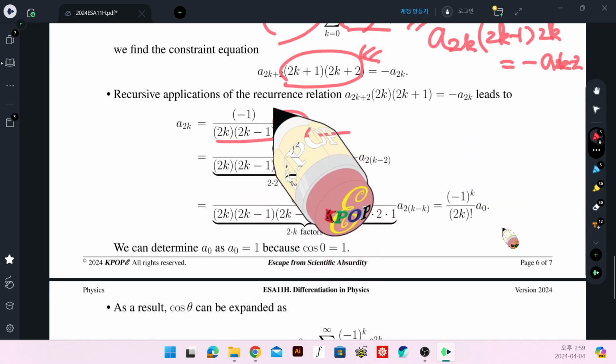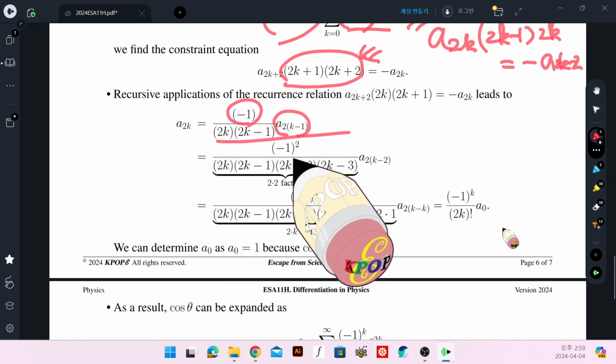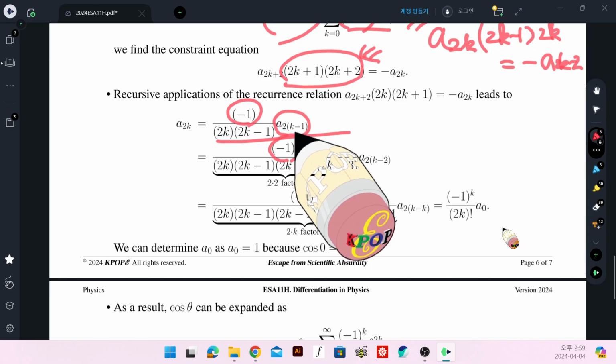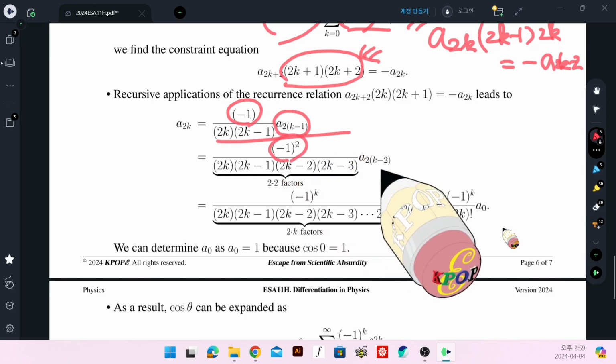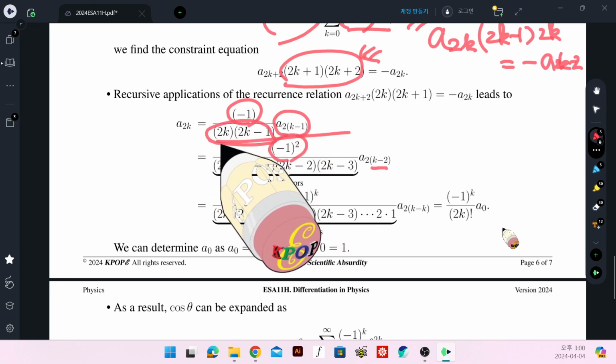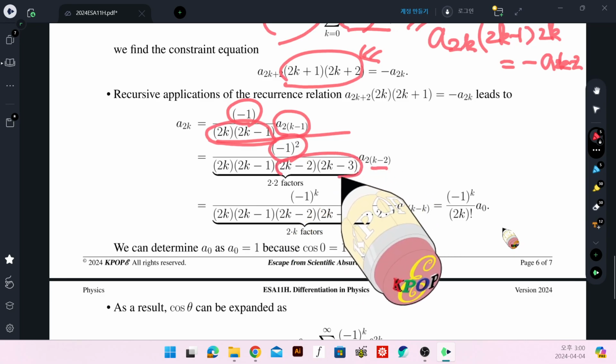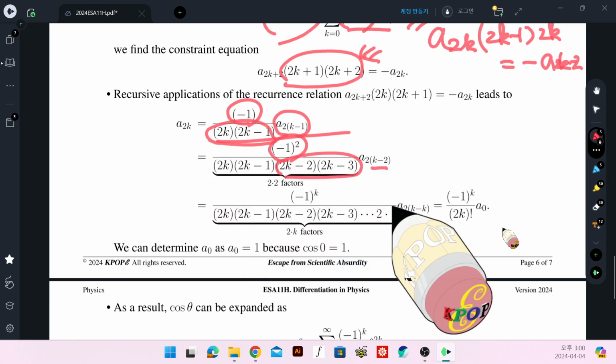If I do this one more time, this factor becomes squared, and this index becomes k minus 2. And we have an additional factor decreased by 1. So we have 4 factors, and so on.